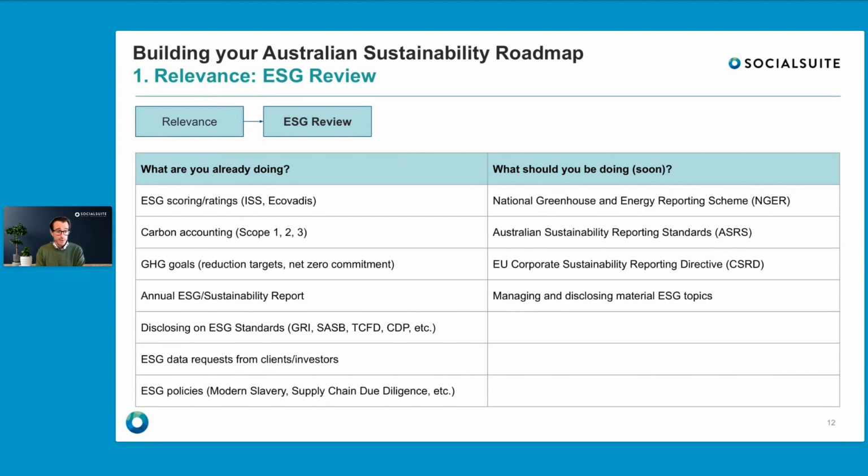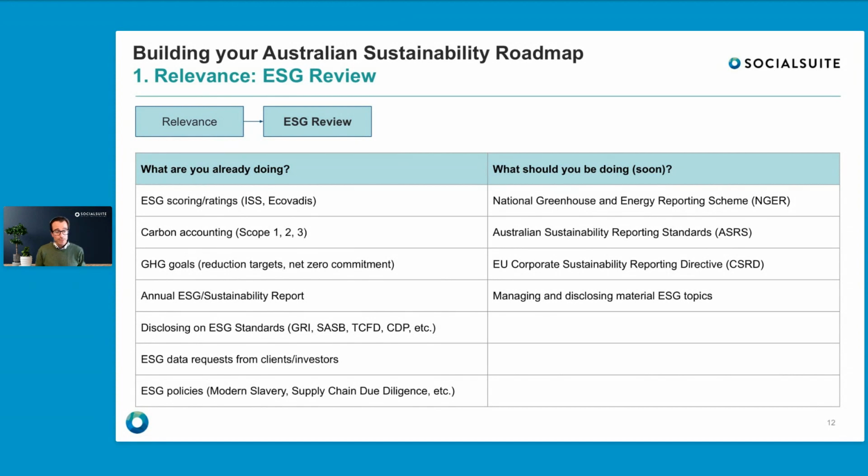You might have had data requests from clients, investors, supply chain information, requests or questionnaires you need to answer and that you are doing on a regular basis. You might have focused on ESG policies for compliance regions, modern slavery, or just to manage your supply chain, do human rights due diligence. It could be a whole range of policies, could be around diversity, equity, inclusion, a whole range of things that you might already be involved in.